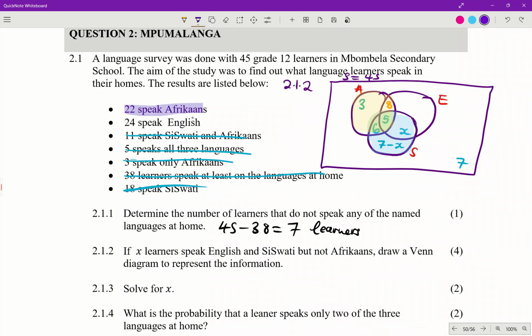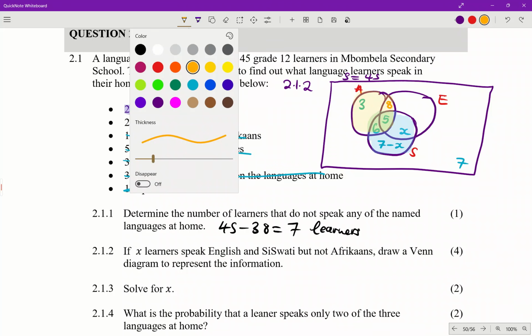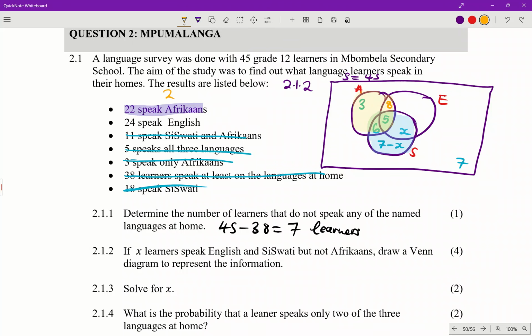Understand? So now, 24 speaks English. You deal with this like this. Remember it's English, so from 22, subtract 8, subtract 5, subtract x. Why am I saying this?